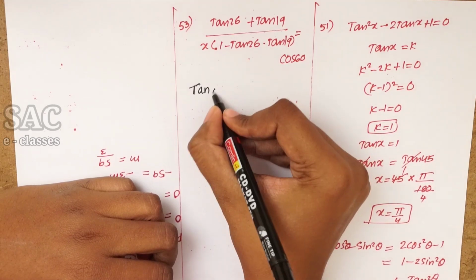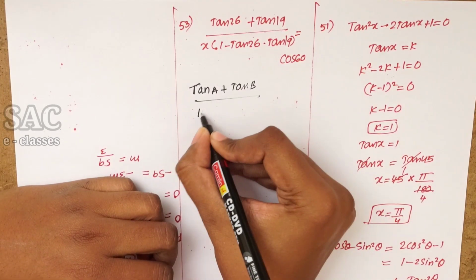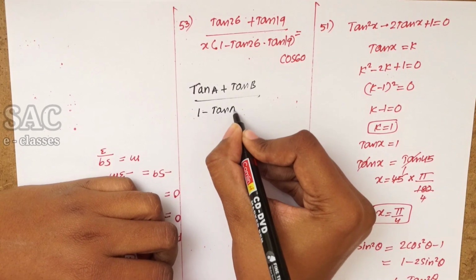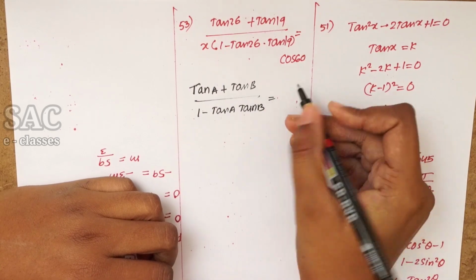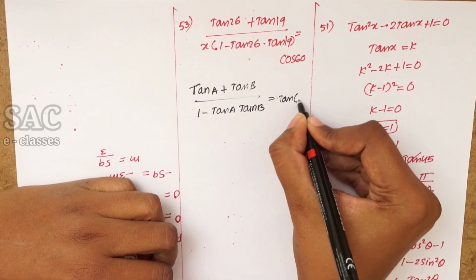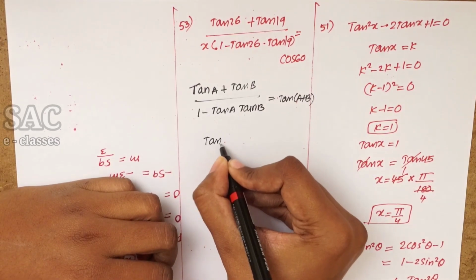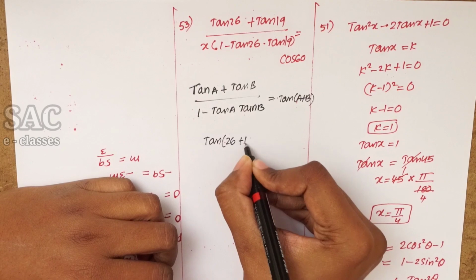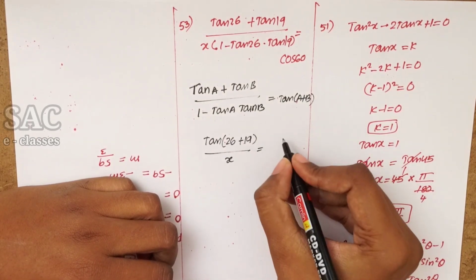We know that it is looking like tan a plus tan b by 1 minus tan a tan b, and you already know that it can be written as tan of a plus b. So tan of 26 plus 19 by x is equal to cos 60.